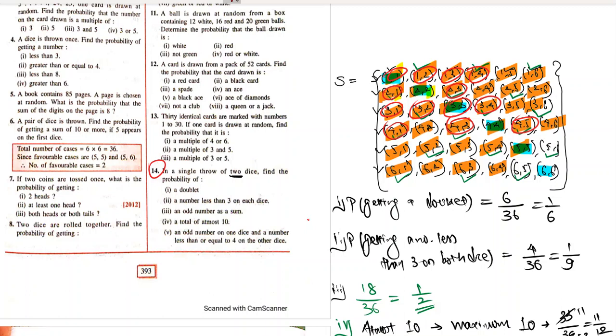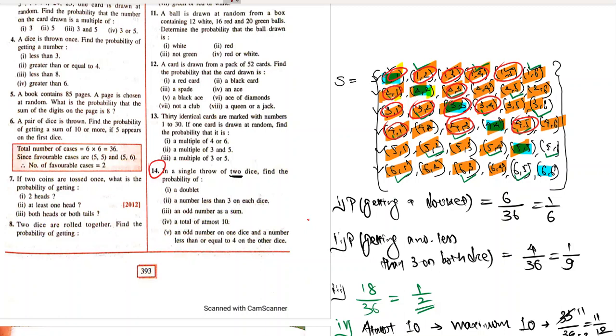So that way 1 comma 5 is also okay, because one number is odd, which is 5, and the other number is less than or equal to 4. Yeah, but 6 comma 1 is not okay. 1 is odd, but the other number 6 is not less than 4. Okay, so 4 comma 1, 4 comma 2, 4 comma 3, 4 comma 4, 4 comma 5.